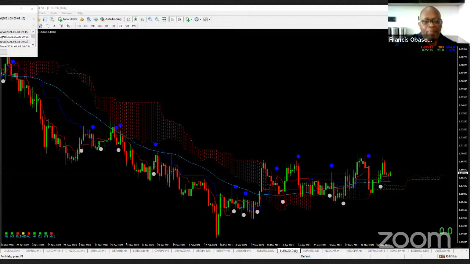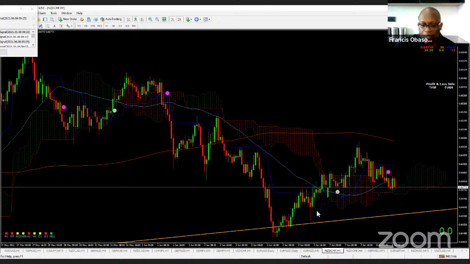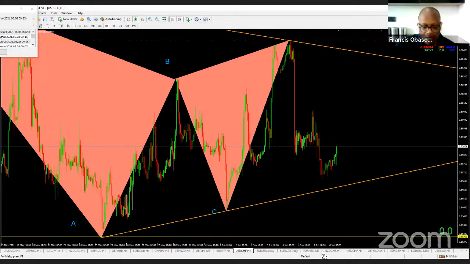Okay, well, looking at it now, I posted 2 trades there yesterday. One of them was gold, and the other one was this one. Let me show you. It was a harmonic. It was USD CHF, if I can remember. That was the other one I posted yesterday.